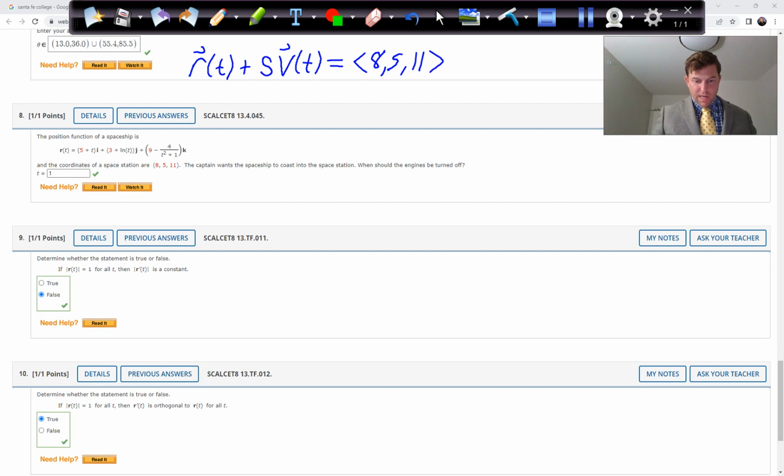Okay, so we need the velocity vector of this. Let me write it in vector form so I don't have all these ij's running around. It's going to be 1. The derivative of natural log of t is 1 over t. Then, this one's a doozy.